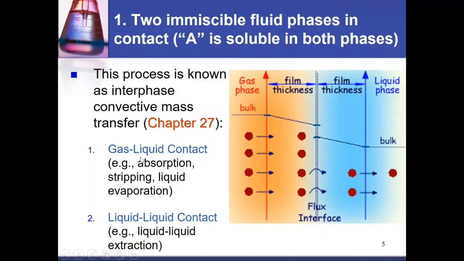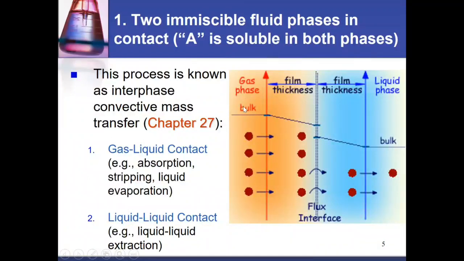The application of this phenomenon is absorption, which is the removal of a solute from the gas into a liquid phase. For example, you have a solute in the gas phase and you want to purify the gas.